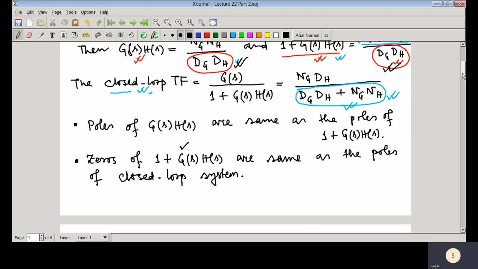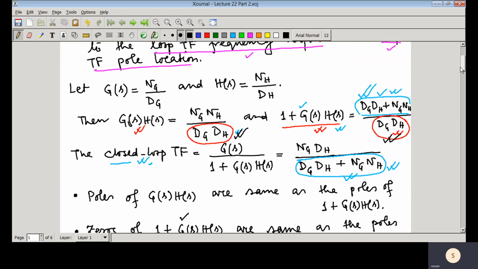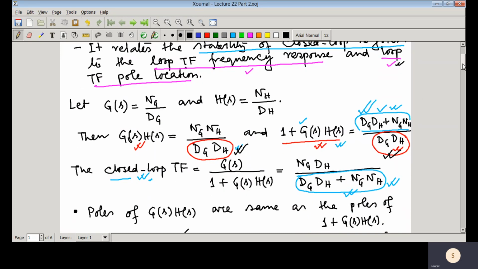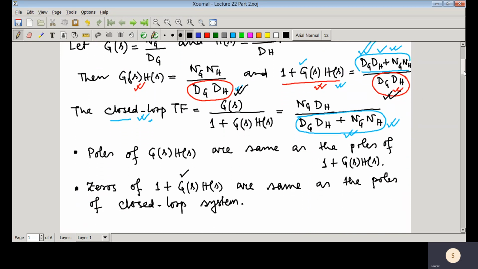So the Nyquist stability criterion, as we have seen, works if we know the loop transfer function pole locations. Loop transfer function pole location means the poles of G(s)H(s), the loop transfer function, which are also the poles of 1 plus G(s)H(s).